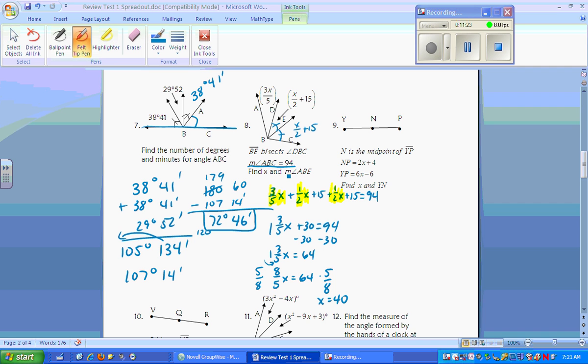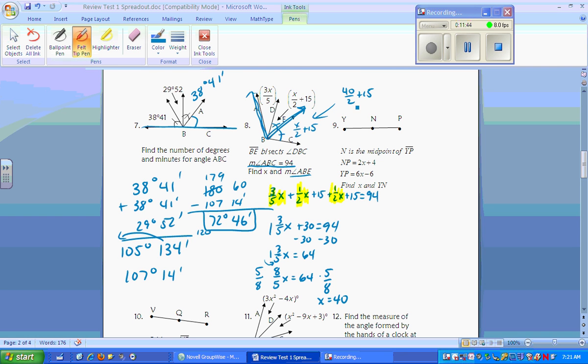Okay, so then now what can we do? We want angle ABE. ABE is right here. So what I would do, because I like to make my life easier, instead of plugging into both of these, I'm going to plug it in here. And I'm going to say 40 over 2 plus 15.